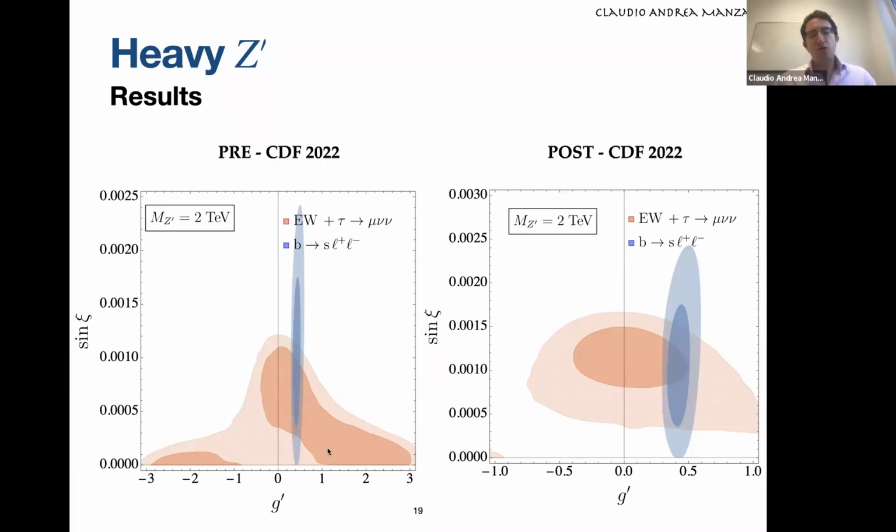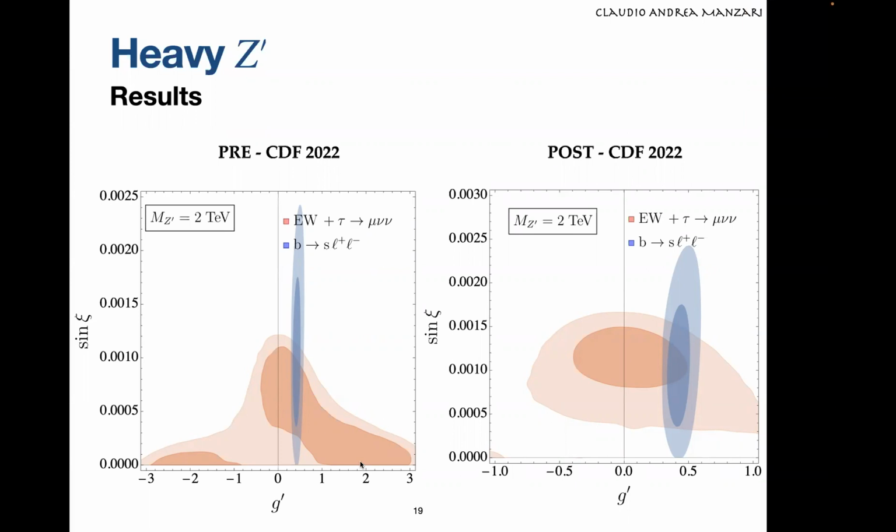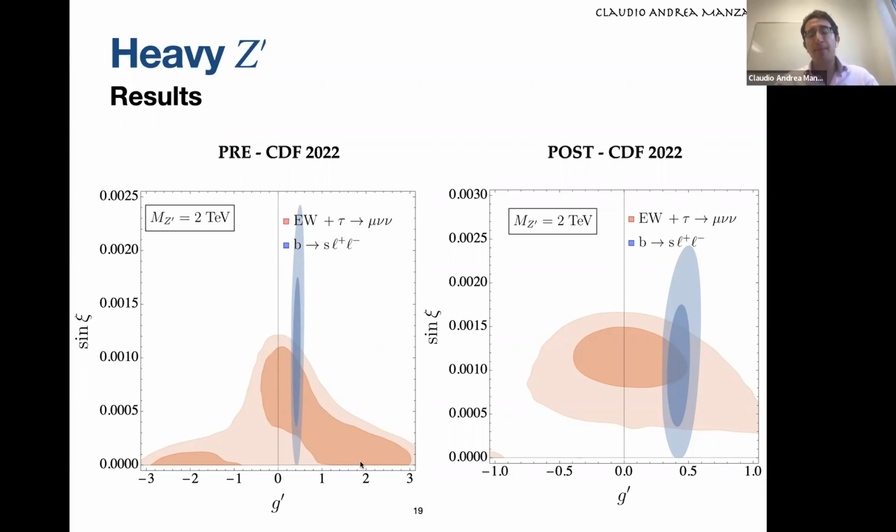So the main reason here is that if you look at these two blobs, for the regions at larger G prime, these are the regions preferred by tau to mu, the data from lepton decays, because the lepton decays do not almost depend on the mixing angle, and they depend only on the G prime coupling, such that they need the larger coupling to explain the small tension that I showed you before. But once we include the MW measurement, the fit is almost dominated by this measurement.